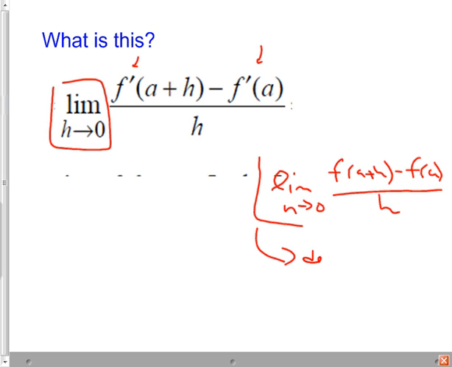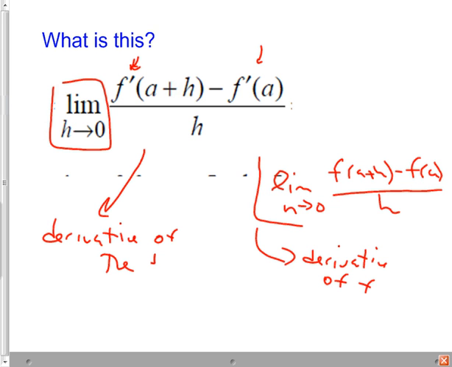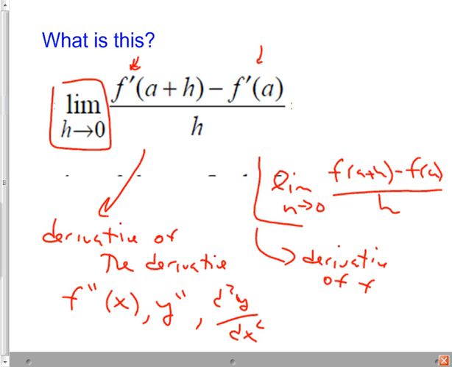This is the derivative of f. But now what we have instead, we've got this f prime. So this equation is the derivative of the derivative. It's f double prime of x, or y double prime, or d squared y dx squared.